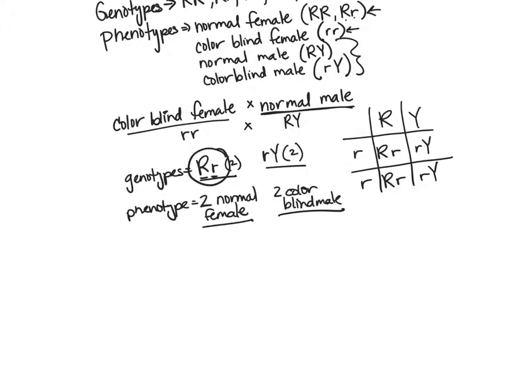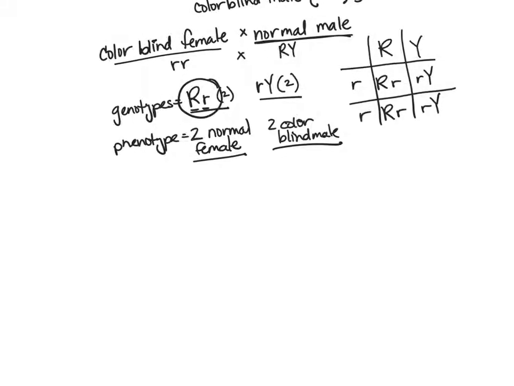Now, if we had a, let's say, hybrid female, by hybrid, what I mean is that they are a carrier. So let's say the female is a carrier for color blindness, and we cross that with, let's say, a normal male.